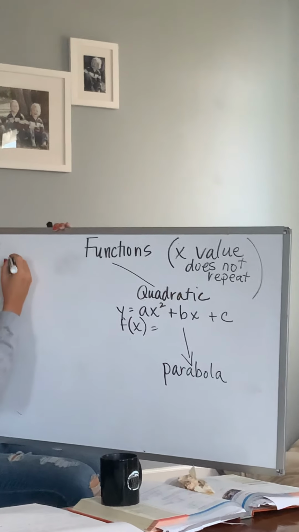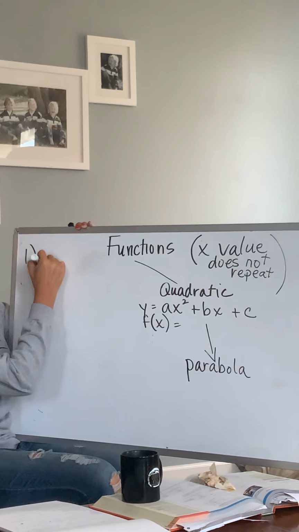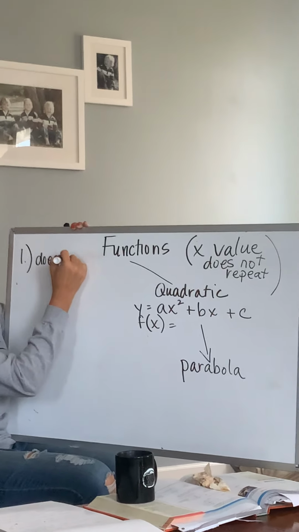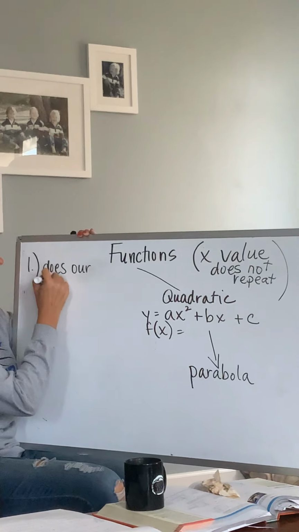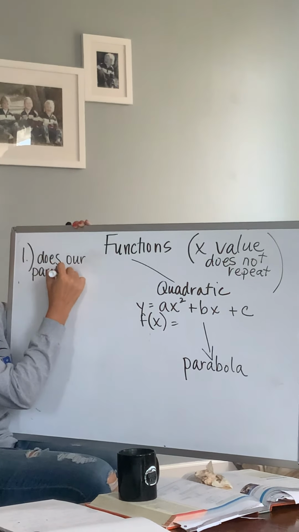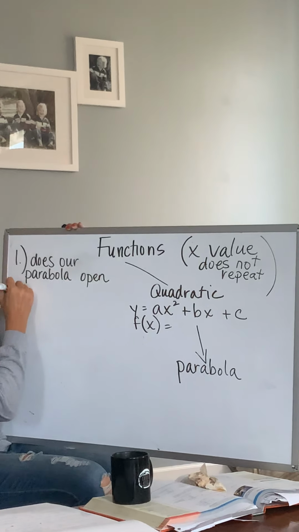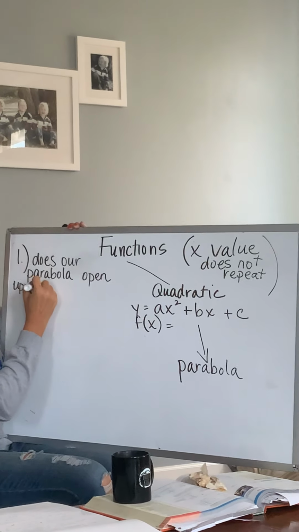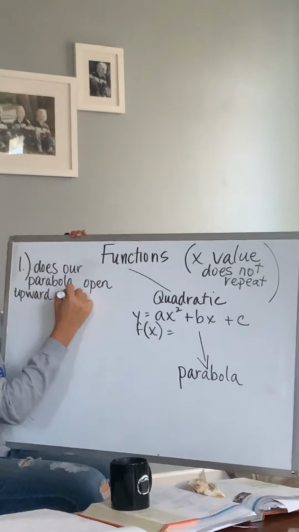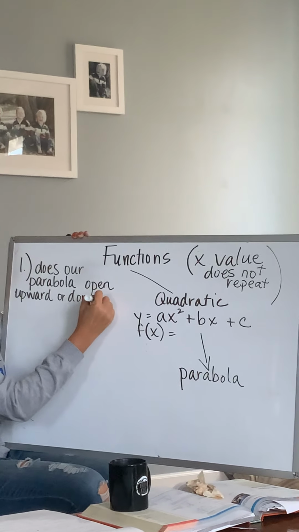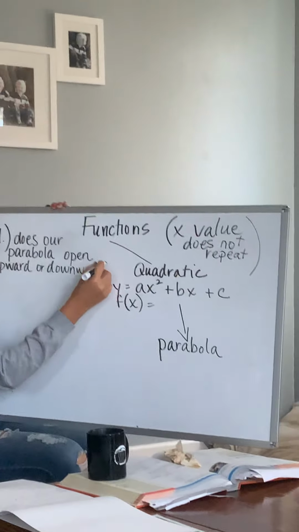So the first thing we need to do is we need to determine, does our parabola open upward or downward? Okay, so make sure you have that down. Okay, that's the first thing.